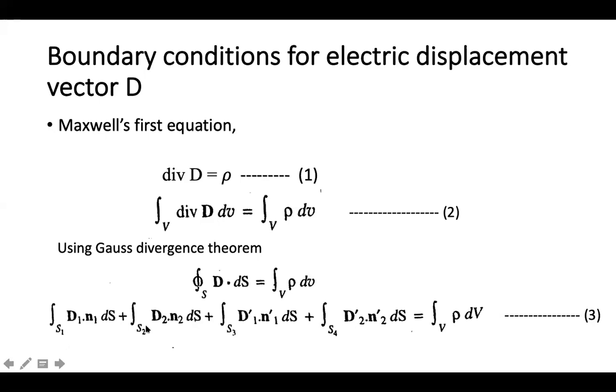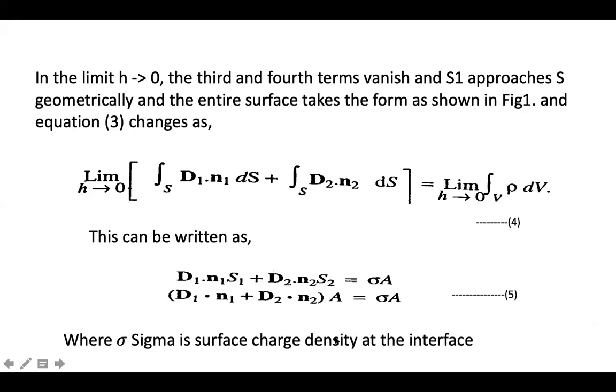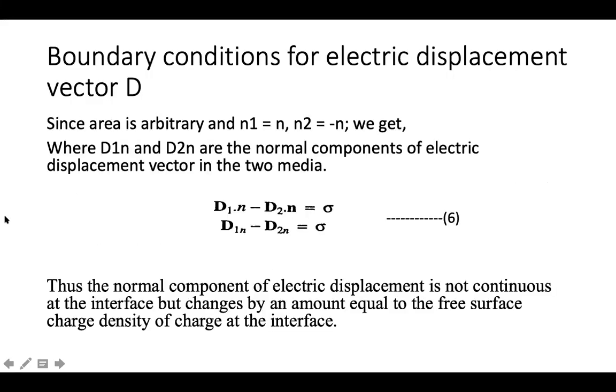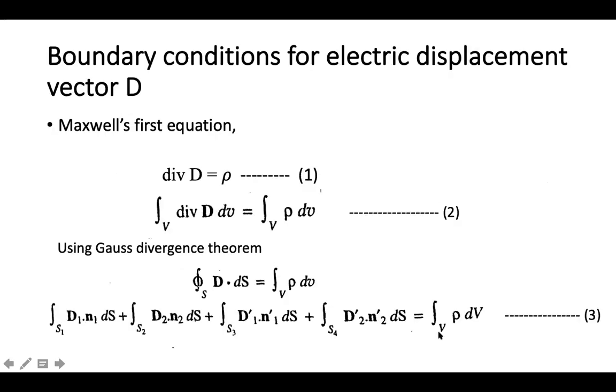So this integral of D dot dS is divided as integration over S1 of D1 dot n1 dS, because near S1 the normal was n1, then at S2 it was n2, then near S3 I consider the unit vector as n1 prime, and near S4 I consider the unit vector as n2 prime.